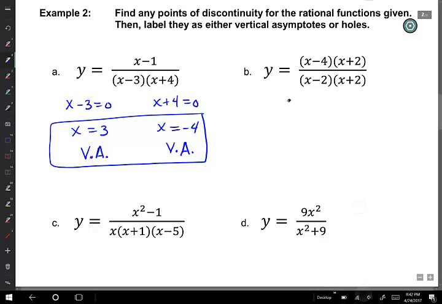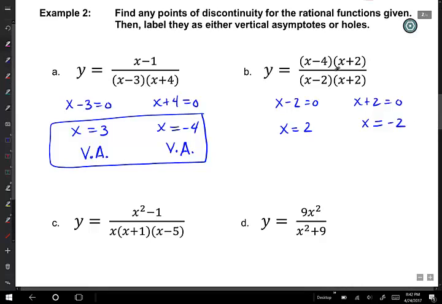On letter B, we have two denominators, x minus 2 equals 0 and x plus 2 equals 0. Well, x minus 2 obviously is x equals 2, and x plus 2 is going to be x equals negative 2. So we have two places where we have points of discontinuity.